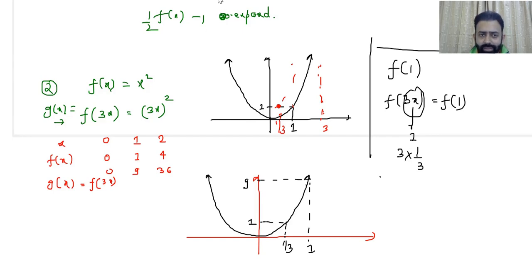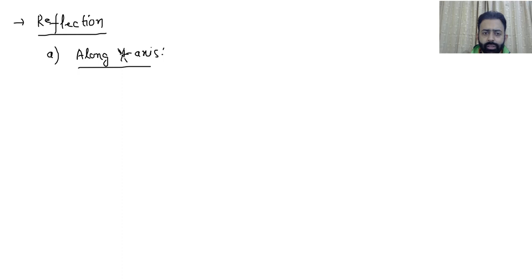So the next type of transformation is reflection. In this case, it will be along the x-axis.